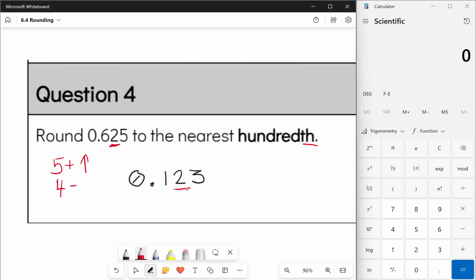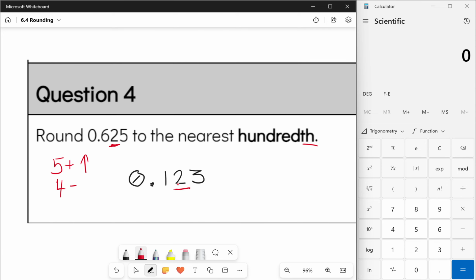So let's go back to my new question: 0.123 rounded to the nearest hundredth. I look at my underlined number. I look to the right of it. Is it a 5 or more? No. It's a 3. It's less than 5. It falls into this 4 or fewer category. So what happens to it? Well, I'm rounding to the nearest hundredth. It doesn't go down.